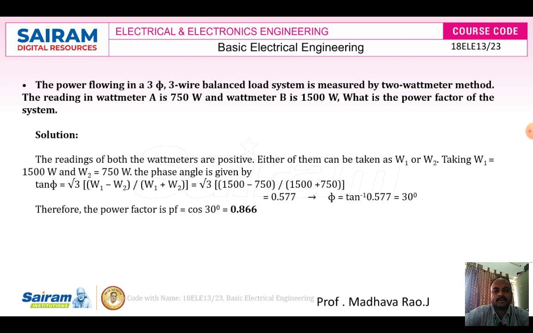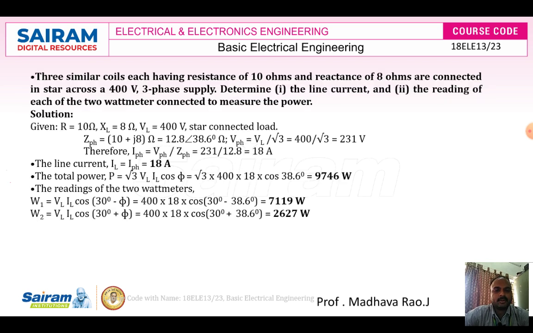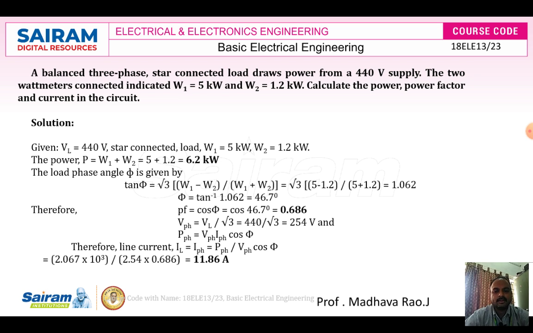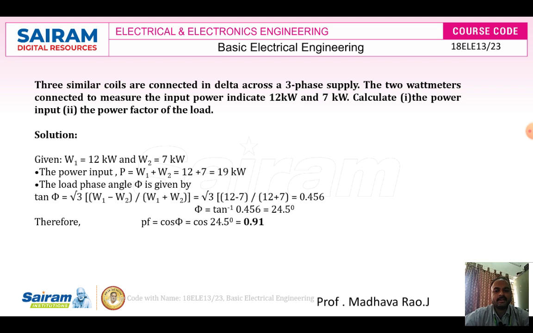We have to use this formula. These two problems are important, and in the next video we will also discuss problems based on star connection and delta connection with the two wattmeter method.